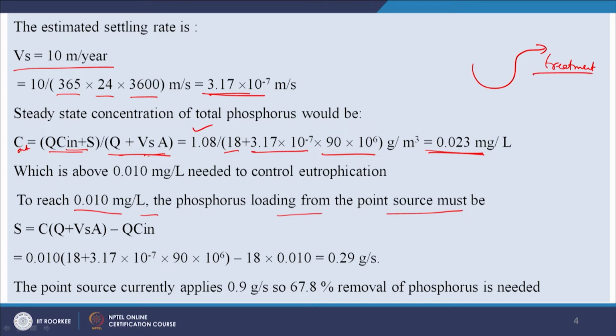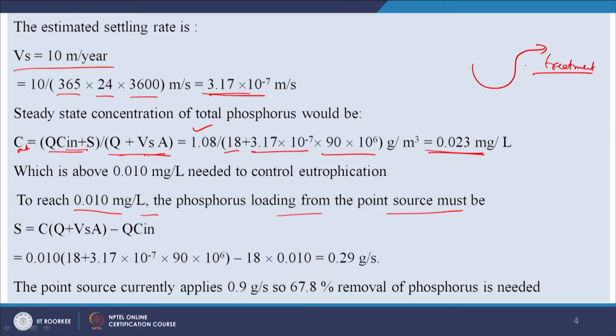Now, we have to calculate how much of this phosphorus should be removed by this treatment. So, we can assume that after this we are getting phosphorus concentration under the permissible limit, that is 0.010 mg per liter. In that case, what should be the value of S? The addition of phosphorus from the point source that can be accommodated without any treatment, that we are going to calculate. So, if it is S, we just rearrange these expressions.